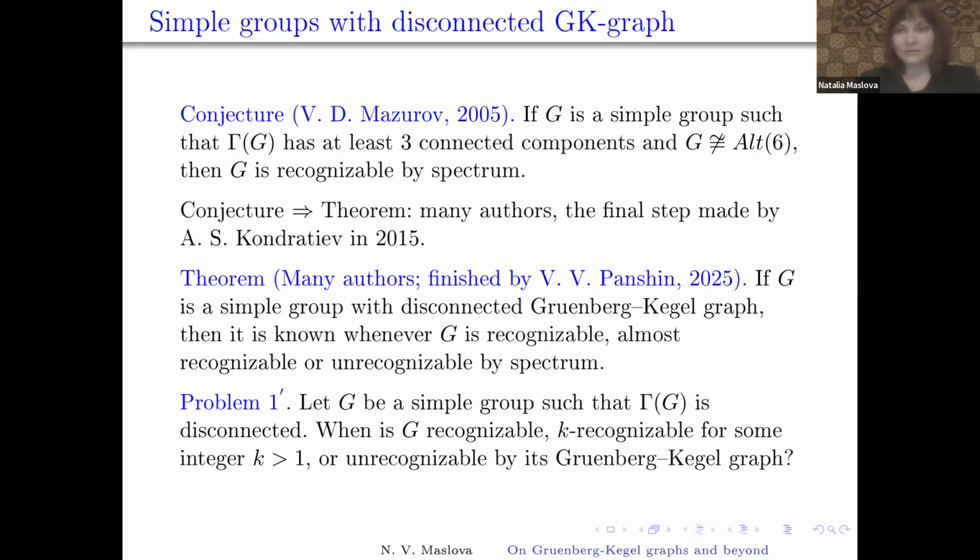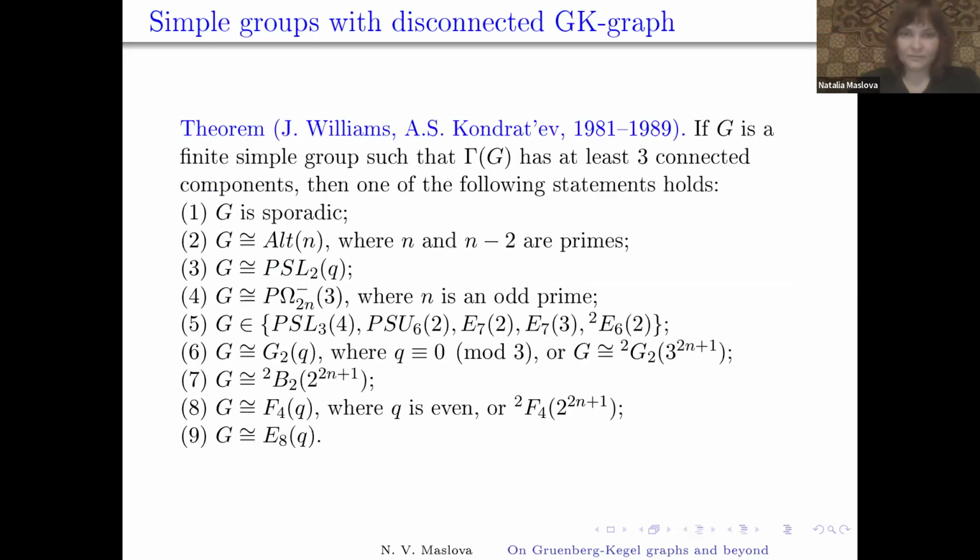For the case of disconnected Gruenberg-Kegel graph, as I have mentioned, the problem is much easier than for the case of connected graphs. And groups with at least 3 connected components of Gruenberg-Kegel graphs are known. And for some of them, the question was solved or solved partially.